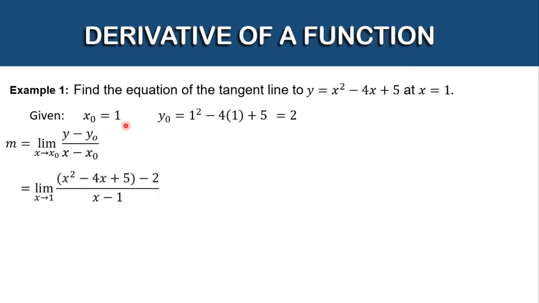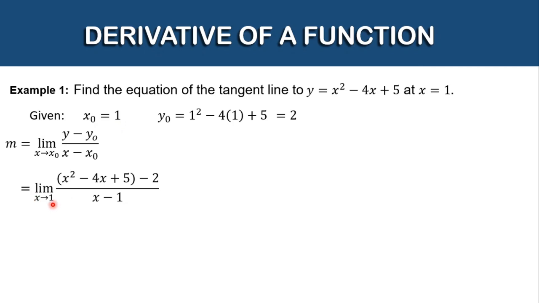So y is our function, x squared minus 4x plus 5. Minus y sub 0, which is positive 2, that's why we have 2 here, all over x minus x sub 0, which is 1, as x approaches 1.